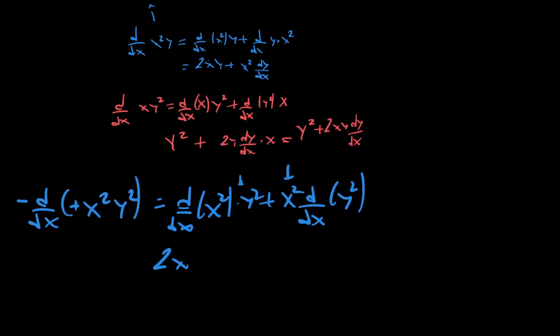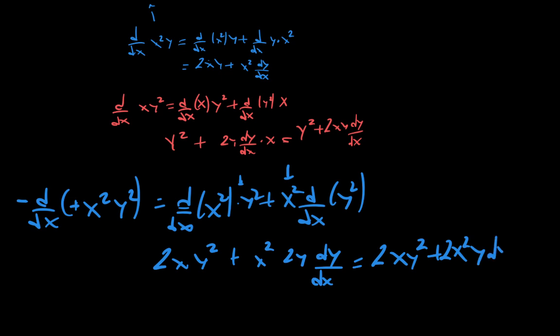This becomes 2x y squared plus x squared 2y dy/dx. Two x y squared plus 2x squared y dy/dx.